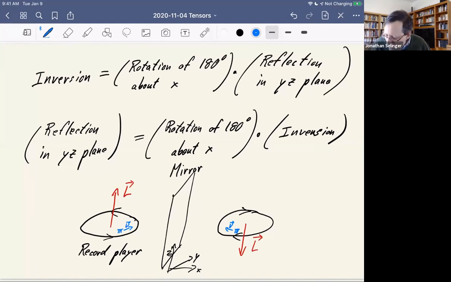And so when I was a student, I thought I had discovered a fundamental flaw in the laws of physics, but actually I had not, right? It's just that the velocity is a proper vector and the angular momentum is a pseudo vector, right? And so pseudo vectors will do the opposite thing from proper vectors under inversions. And here the mirror is oriented in the right way so that a reflection does the same thing as an inversion to the angular momentum.